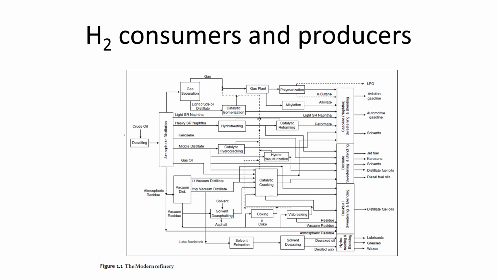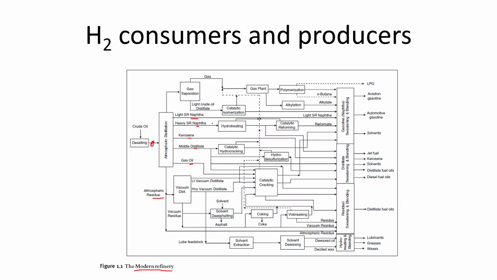Before we go any further, in one of the books they call it the modern refinery, so I put this diagram again. I think we have seen this a couple of times already. We have the crude oil coming in through a series of heat exchangers, then a desalting unit, another series of heat exchangers, and a heater, and then it goes to the atmospheric distillation unit, where it splits into naphtha, kerosene, distillate, gas oil, and the residue.